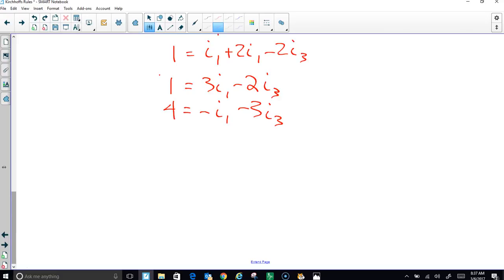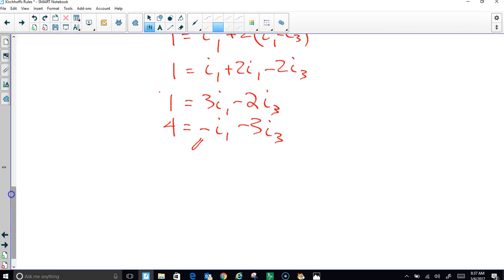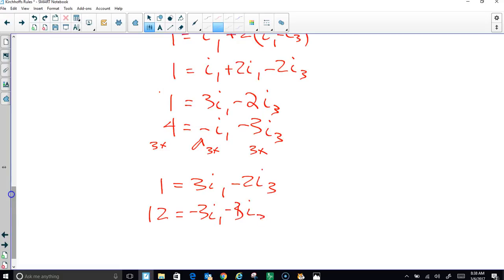I like this negative right here because in this bottom equation I'm going to be able to multiply everything by 3, and that will enable me to cancel the I1s. So I'm going to rewrite this: 1 equals 3I1 minus 2I3. Don't have to change that. Sometimes you do have to change both. The bottom one, I'm going to multiply everything by 3 and make that 12 equals negative 3I1 minus 9I3.